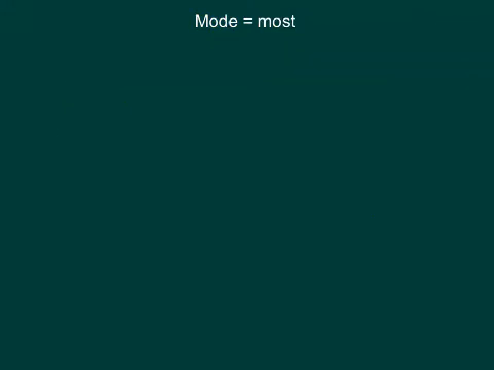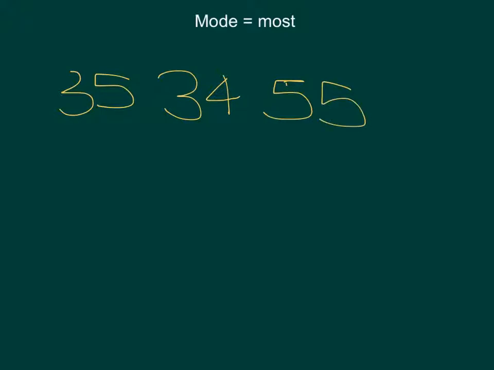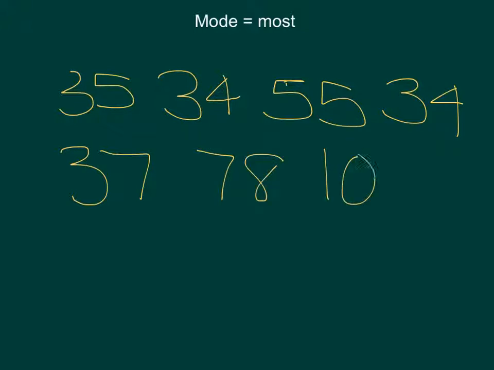When we hear the word mode, we think of most. So not most like the highest, but most like most occurring. So when we had the example of the set of data where it was 35, 34, 55, 34, 37, 78, and 106.